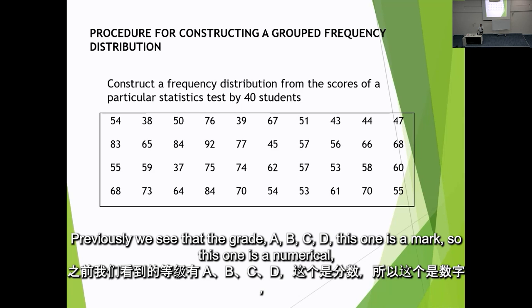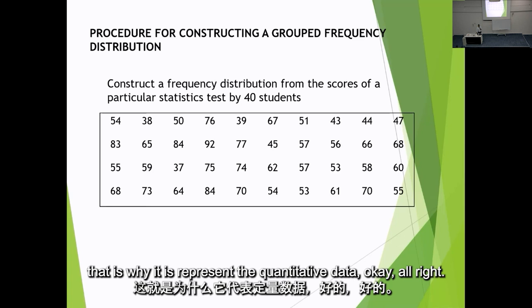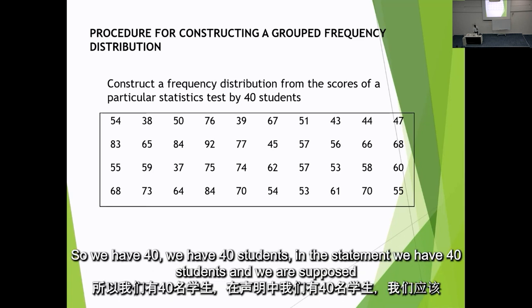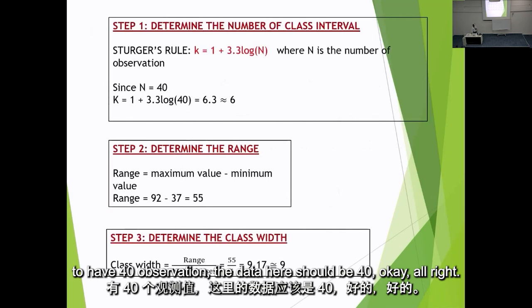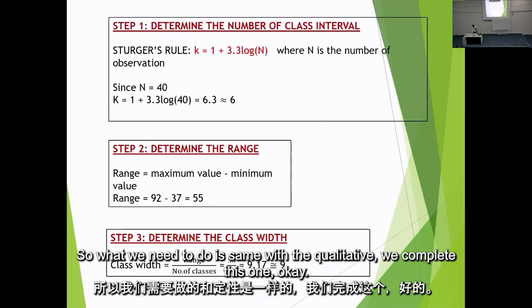Previously we saw the grades A, B, C, D. This is a mark, so it is numerical, and that is why it represents quantitative data. We have 40 students in the statement, so we are supposed to have 40 observations. The data here should be 40. What we need to do is the same as with the qualitative: we complete this one.